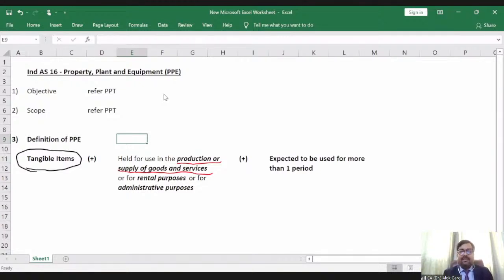Right? Have you heard of Blue Dart? Courier services, Blue Dart, right? If you see the balance sheet of Blue Dart, they have some aircrafts also. And what is the objective of those aircrafts?